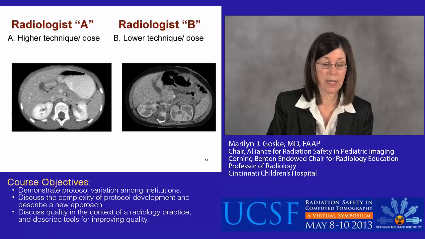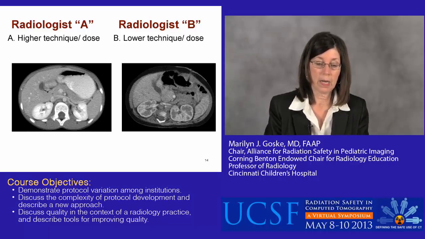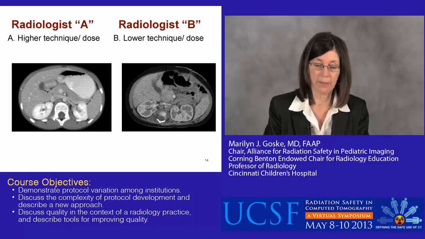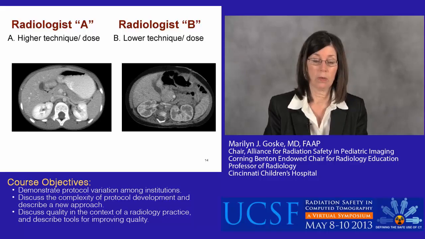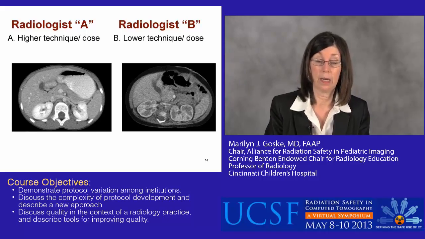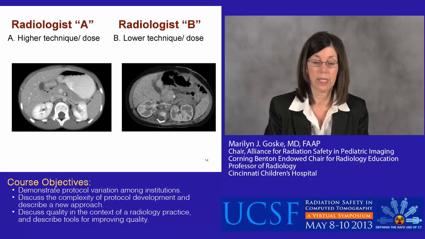On this next slide, you can see that there are two images of a small child's abdomen. And what I want to point out to you is that on the left slide, image A, this is obviously a higher technique or dose. There's a lot less noise.